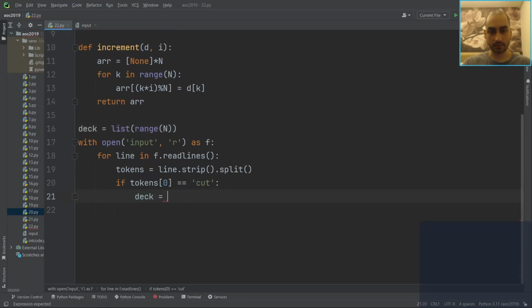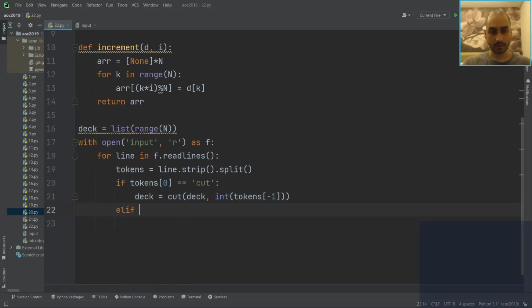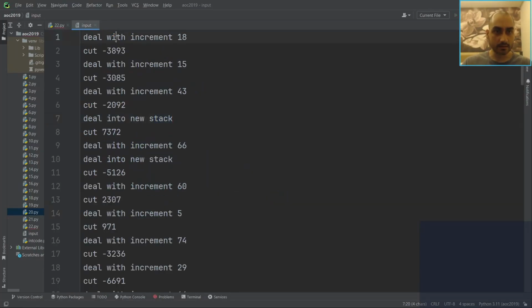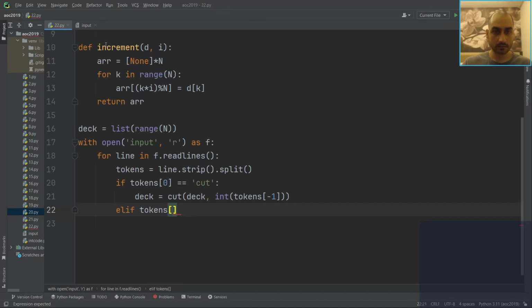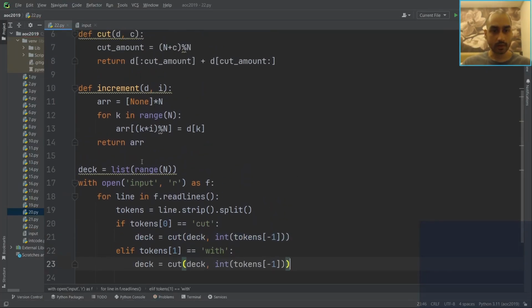Deck equals cut deck. Okay, elif tokens, so otherwise, if it's with, so it's similar, but we do increment.